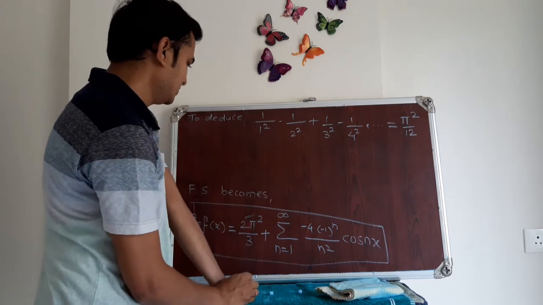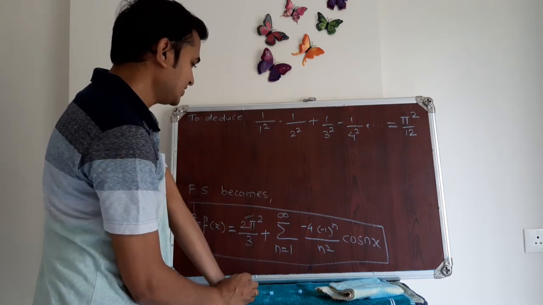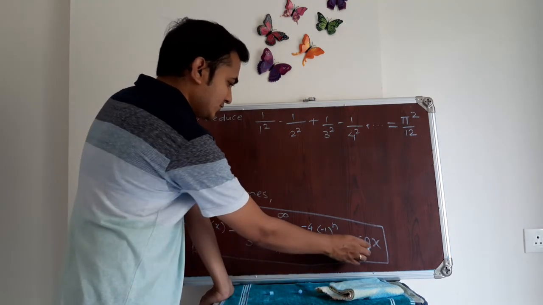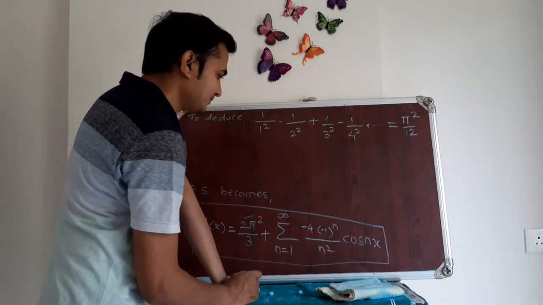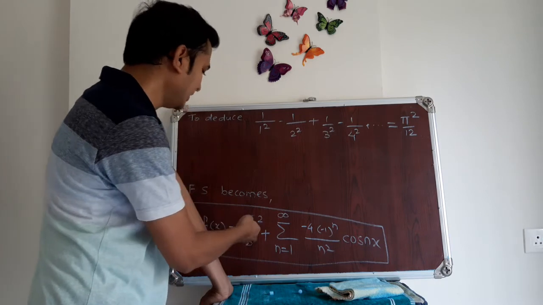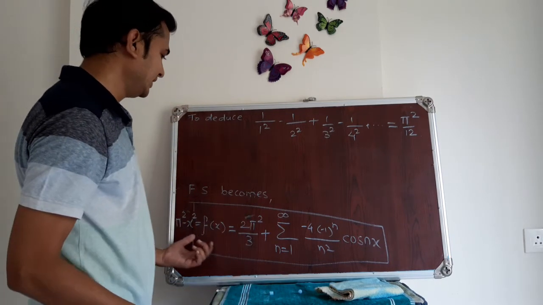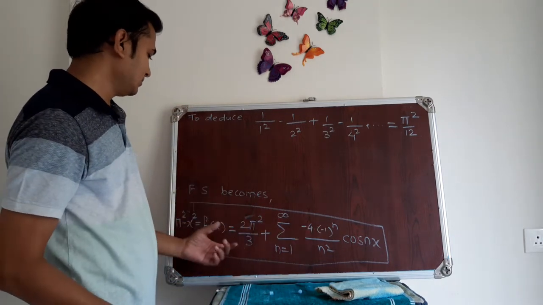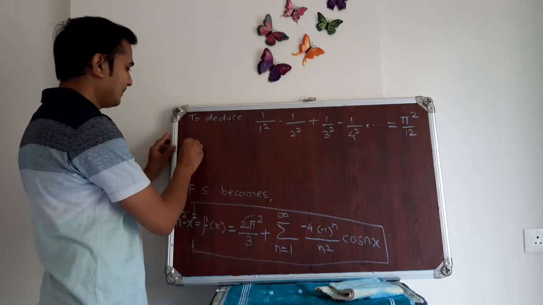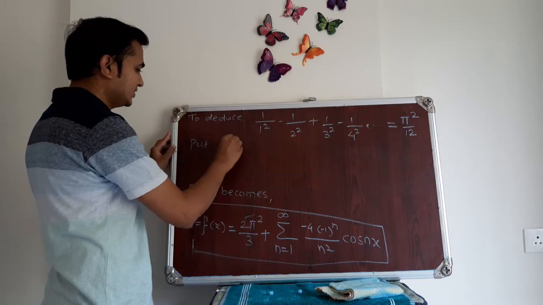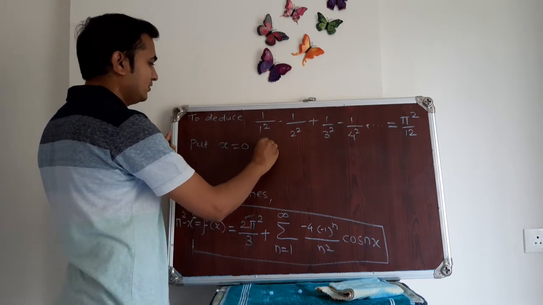Okay, so put x is equal to 0. So if you substitute x is equal to 0, this term becomes 1. Okay, and then let us look at what happens to this side, and let us simplify it later. So put x is equal to 0 in Fourier series.